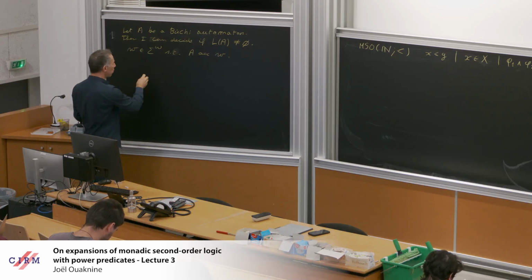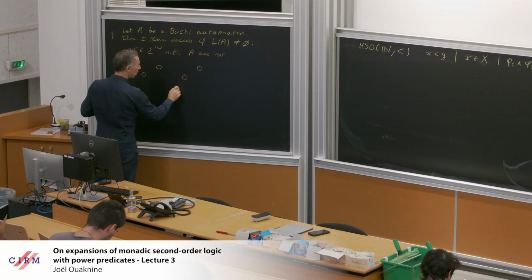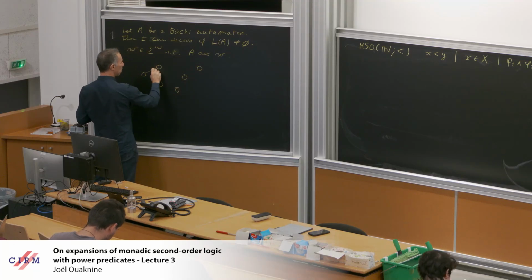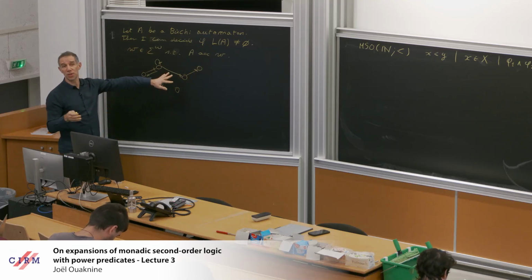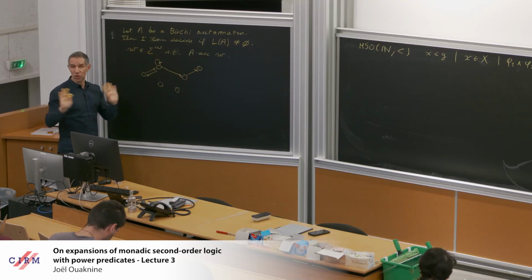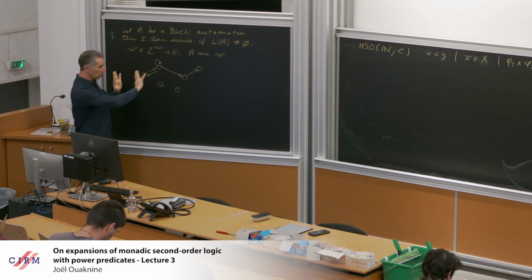Intuitively, it's quite straightforward. So what's a Büchi automaton? You've got all these states, and then you've got these arrows and so on and so forth. And forget even about the labels, the actual alphabet. I just want to keep track of the skeleton structure, just the arrows.